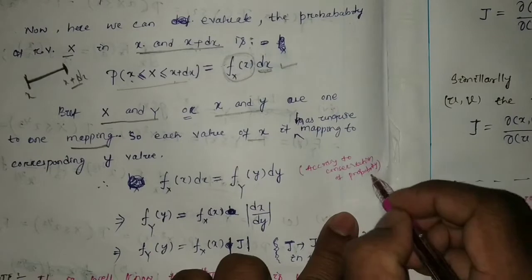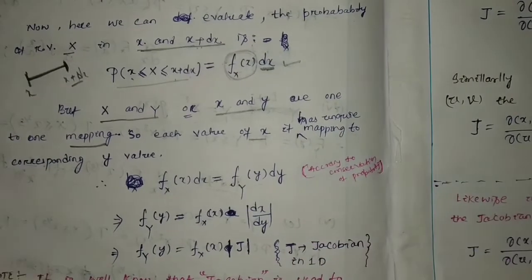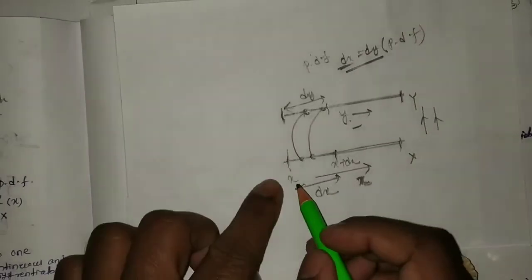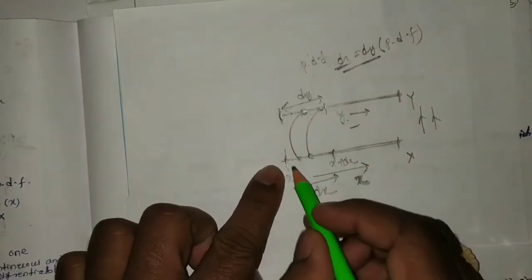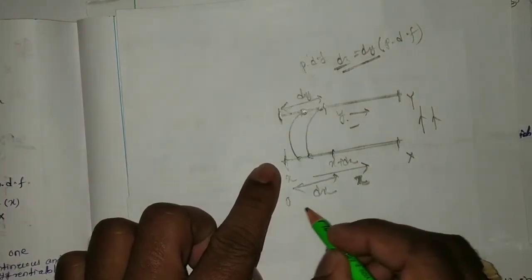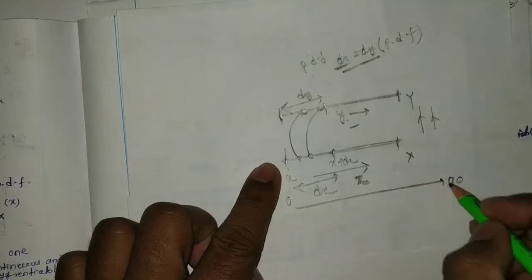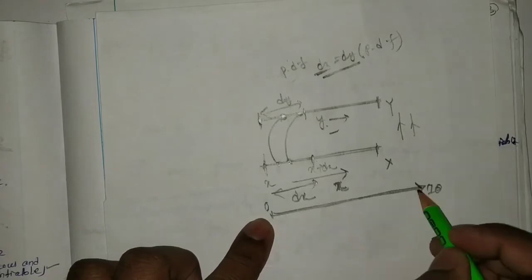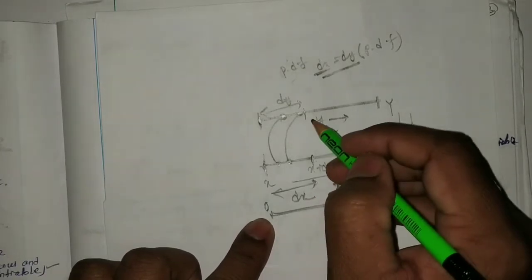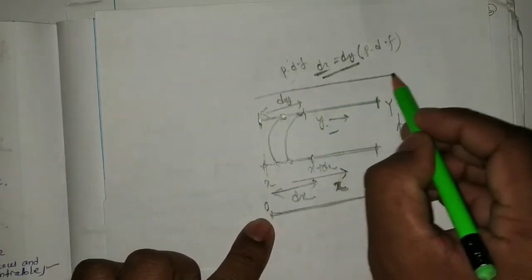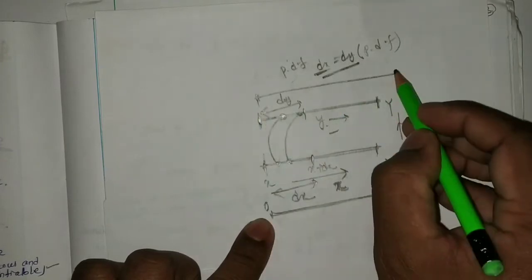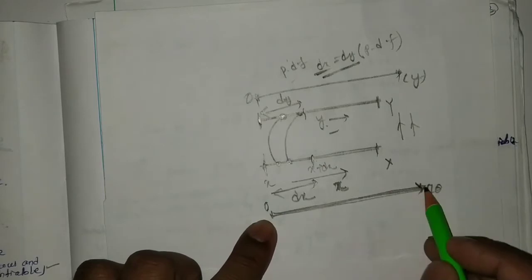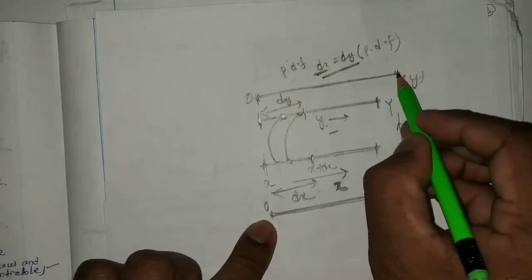According to conservation of probability, suppose the entire x range, suppose 0 to 10 is there. For this continuous range, we are going to get a continuous range of y also, that may be 0 to anything, but for this range y also has a range.